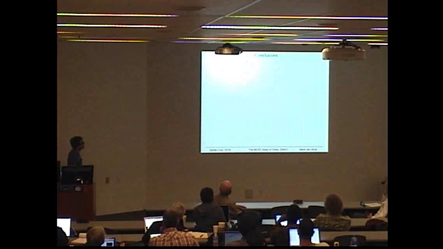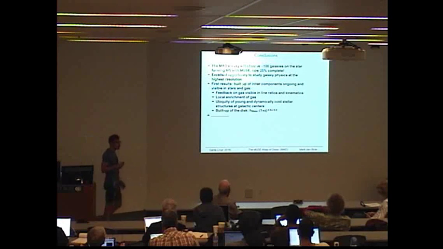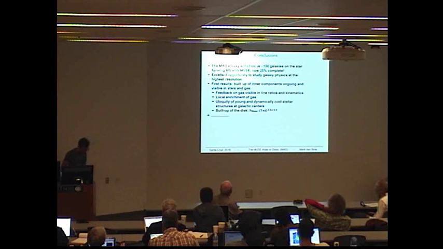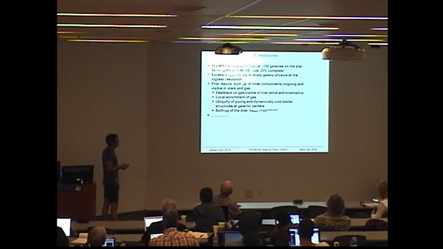So this is the end of my talk. We have a very nice new survey with MUSE. We're still trying to interpret all the data because it's really a lot of data. So far we already have 25 galaxies, but in the end we're going to have 100 galaxies.